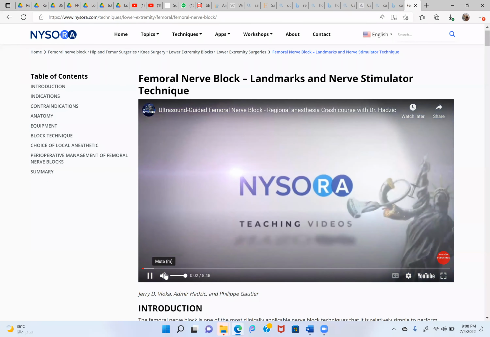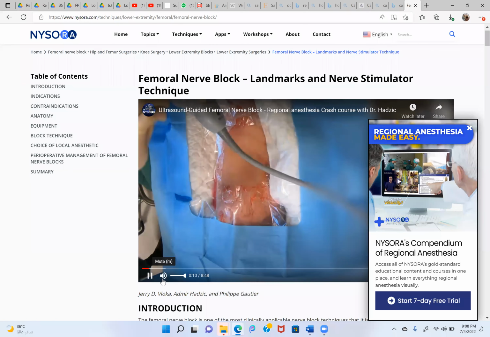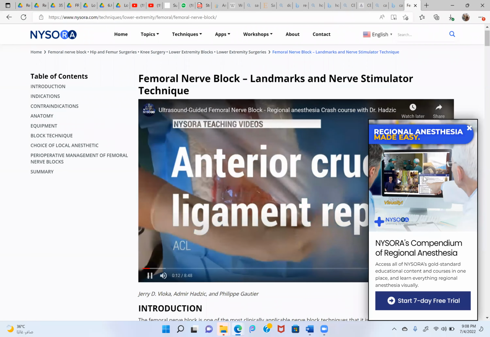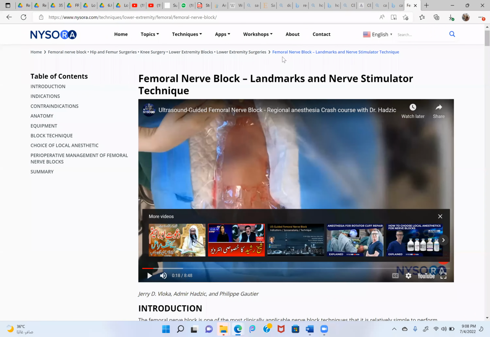Today we're going to do a femoral nerve block in a patient who is undergoing ACL ligament repair. Of course, there are many different options. Actually, there may be a copyright issue, so I will not play it. But I just wanted to show you that this is a source where you can learn a lot about regional anesthesia.